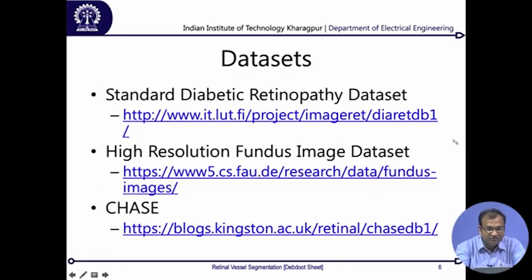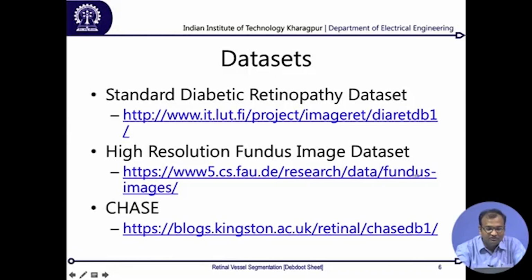There are a few of the other ones. So one of them is DIARETDB, which is the standard diabetic retinopathy data set, and there is a DB0 and a DB1, both of which you can just make use of. They come with ground truth annotations as well, so you don't need to worry a lot about it.